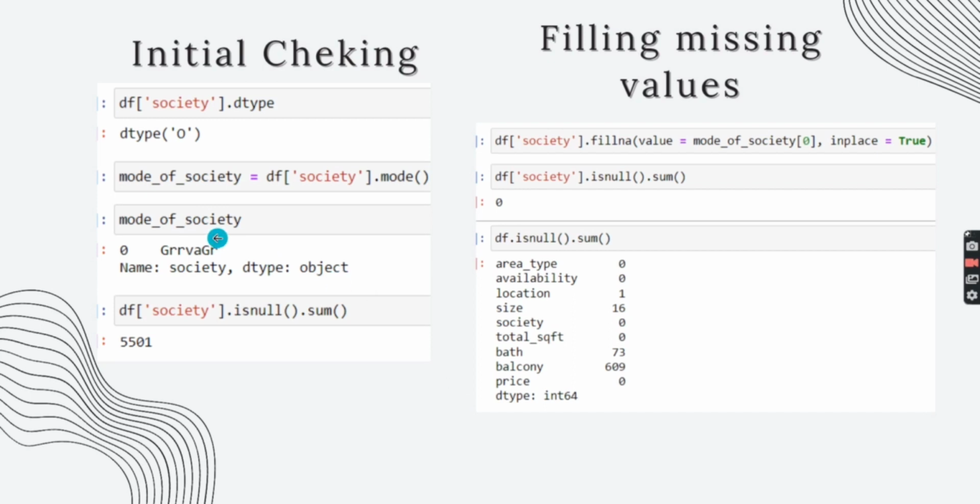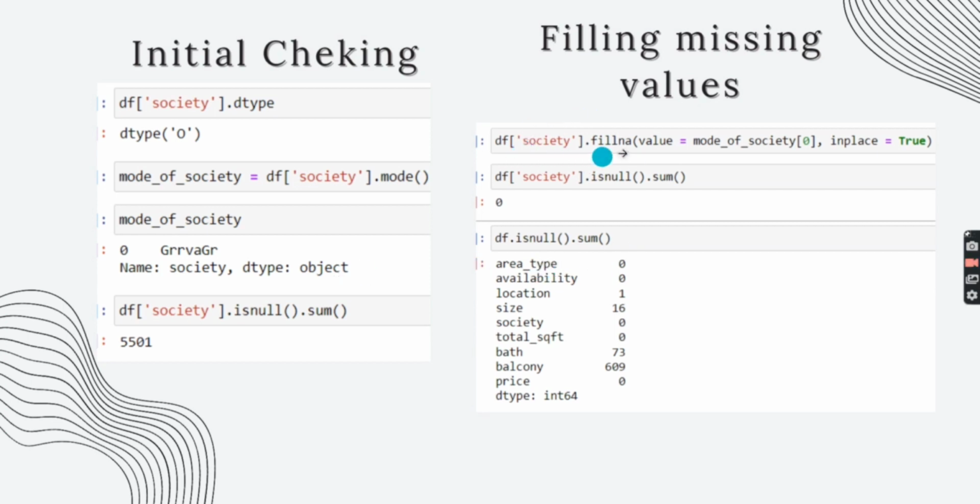So we just have to check the mode of the society column, which is GRRVAGR as written over here, and signified with 0. While filling the missing values, we are going to use that mode with the 0 index, so that we get to see GRRVAGR in most of the filled missing values, while ensuring that we have no null values left.